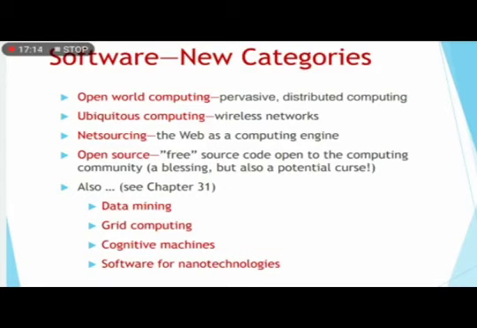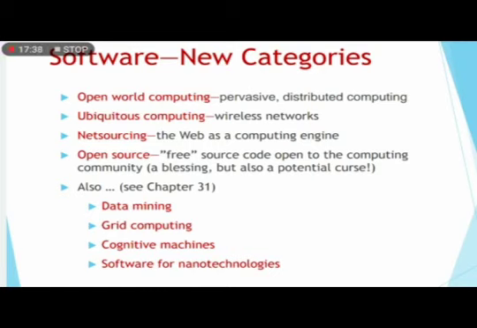Next one is ubiquitous computing. The rapid growth of wireless networking may soon lead to true distributed computing. The challenge for software engineers will be to develop system and application software that will allow small devices, personal computers, and enterprise systems to communicate across vast networks.